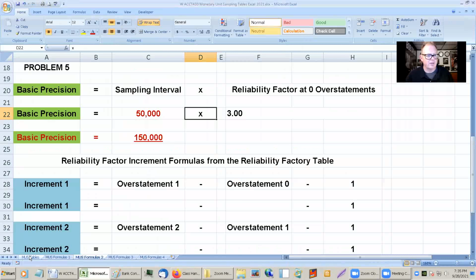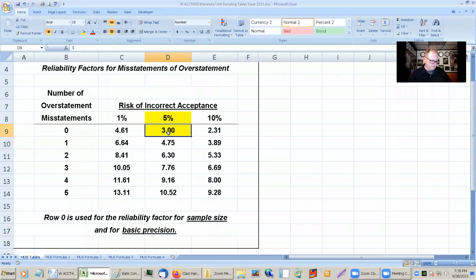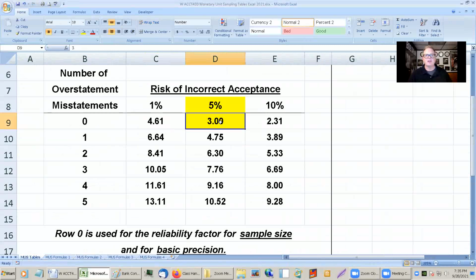And you can actually see that. Let me show my screen again. If you look at this, notice you multiply this by the interval. Notice that if you want to be 10% sure, it's a lower amount, right? A little more slack is given because instead of being 95% sure, you can be 90% sure. It's at 2.31 times 50,000, but it's going to be less than 3.